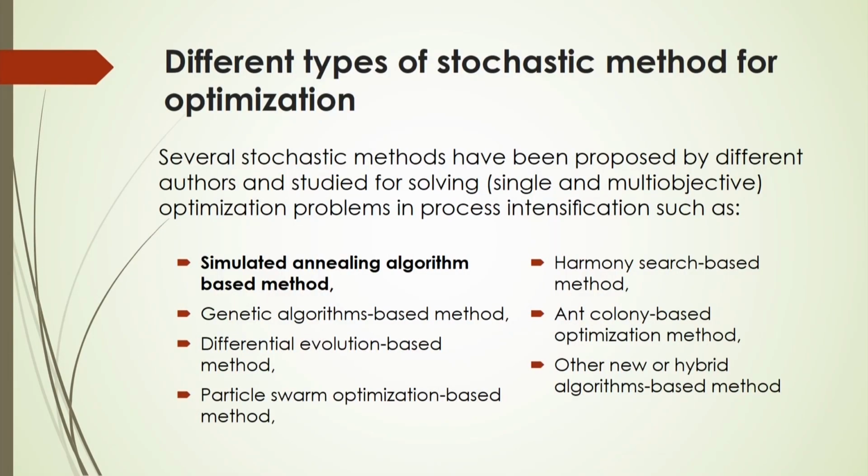Now, what are the different types of stochastic methods generally used for optimization? We have already discussed in our earlier lecture that different types of optimization algorithms and methods are available to solve single and multi-objective optimization problems in process intensification.